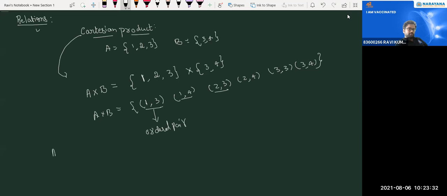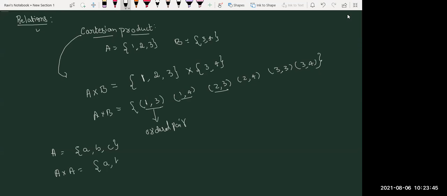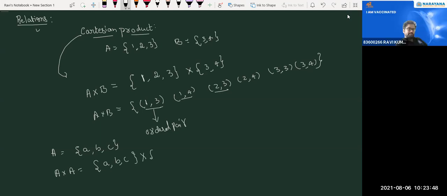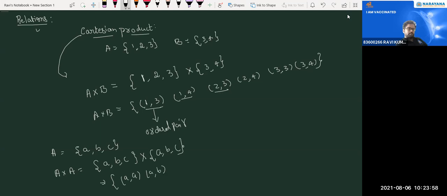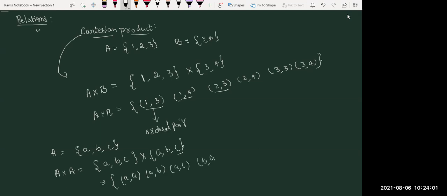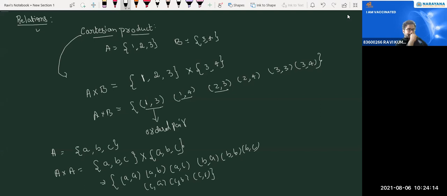If you understand this, now tell me: if A equals {a, b, c}, I want to find A cross A. What values do we get? (a, a), (a, b), (a, c), (b, a), (b, b), (b, c), (c, a), (c, b), (c, c). That's all.